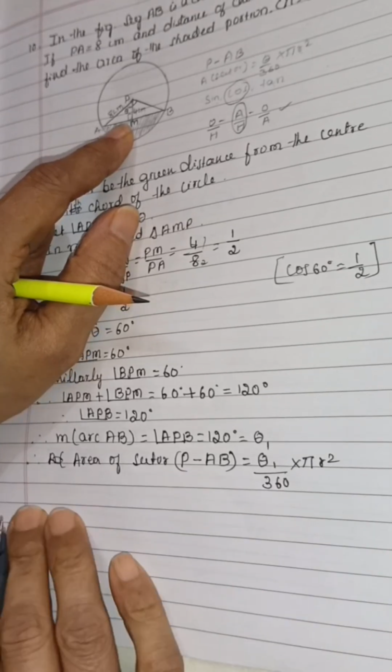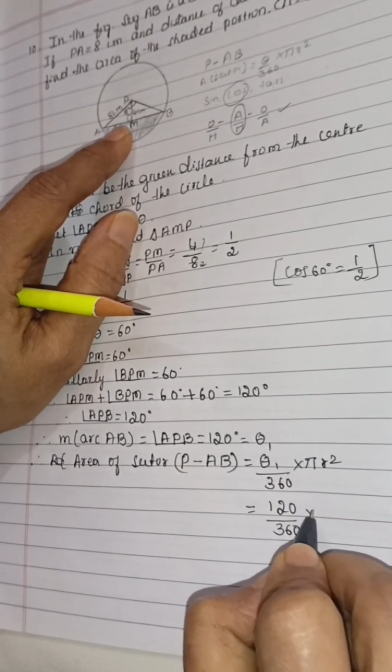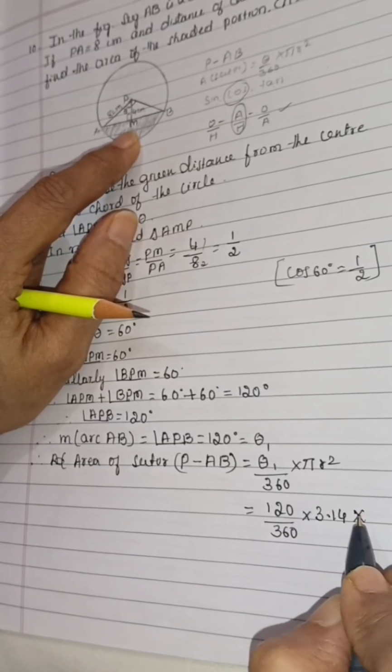Here we have to take theta 1 because it is the central angle. Therefore theta 1 is 120, divided by 360, multiplied by pi, which is given as 3.14 in the question, and r is the radius.